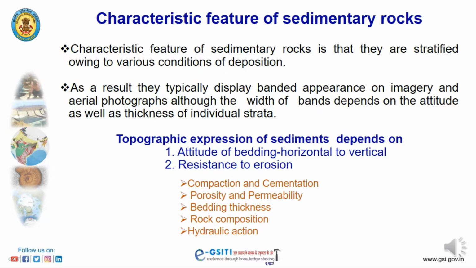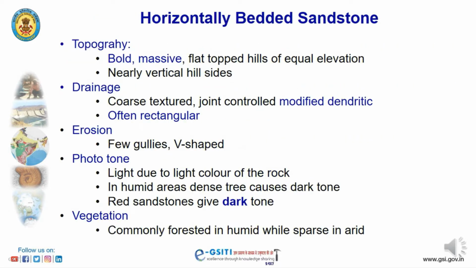Topographic expression of sediments depends on attitude of bedding, horizontal to vertical, as well as on resistance to erosion, which is controlled by compaction and cementation, porosity and permeability, bedding thickness, rock composition, and hydraulic action in that area.